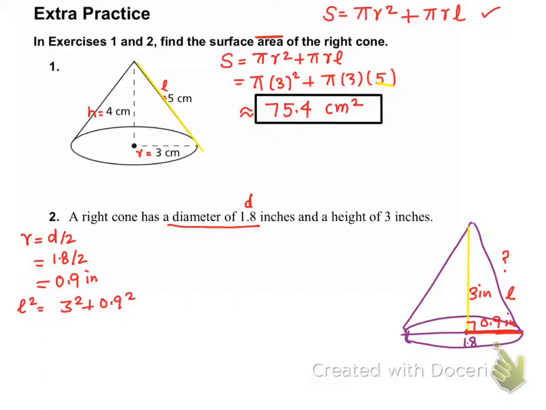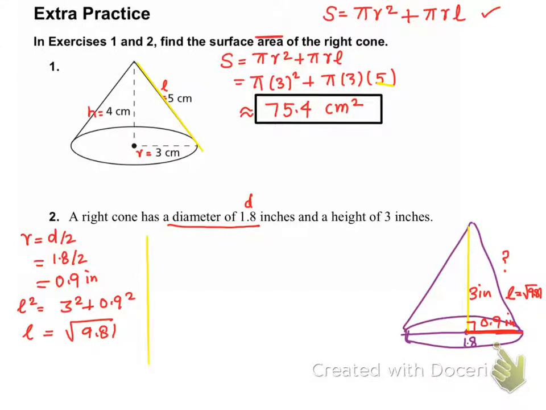When I plug it in and solve, l is going to be the square root of 9.81. I'm not going to solve it right away because it will approximate the value. I'm just taking the expression as it is and will be plugging it in. That's 9.81.